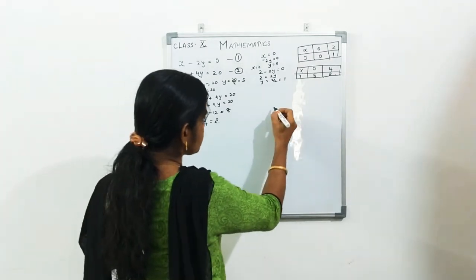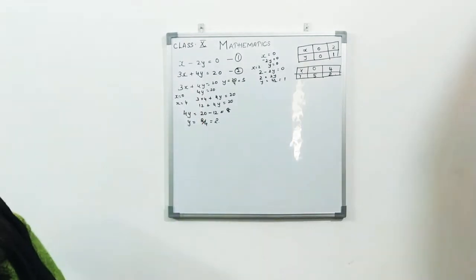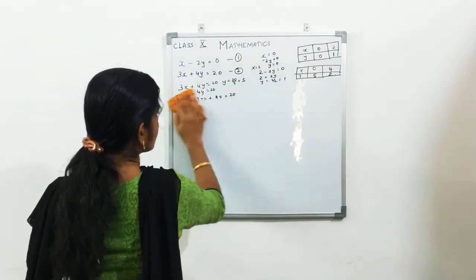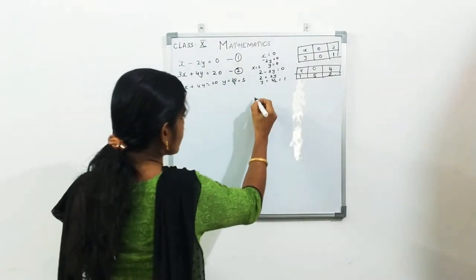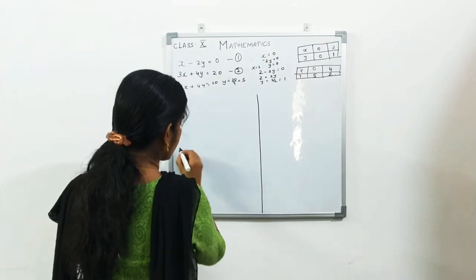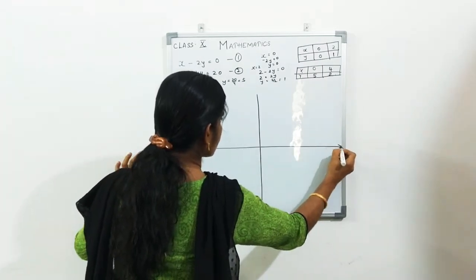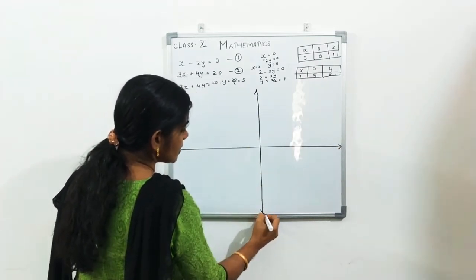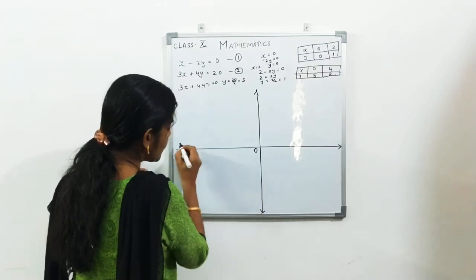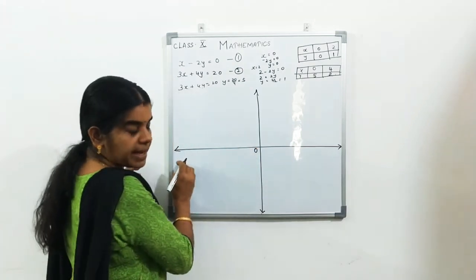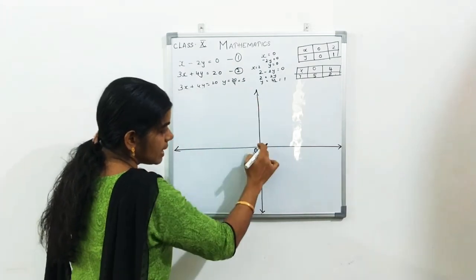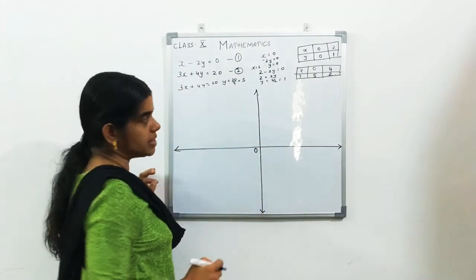Just look. You already know that. This will be the origin, 0. This will be the x positive, this will be the x negative, this will be the y positive, and this will be the y negative.